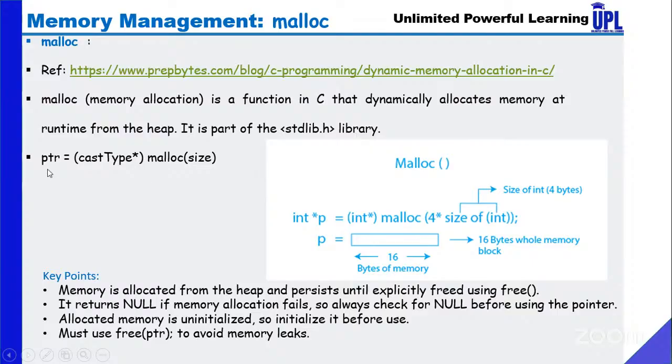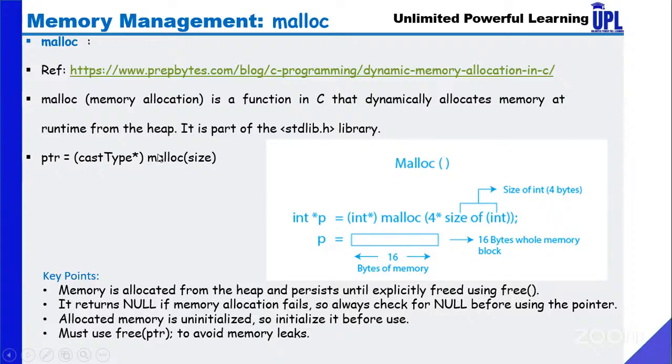We have to use this syntax: pointer, cast type, whether integer, float, or double type, you have to tell explicitly. Then malloc, the predefined keyword, and you pass the size as an argument: how much memory you require to point to an integer type value, float type value, or character type value.